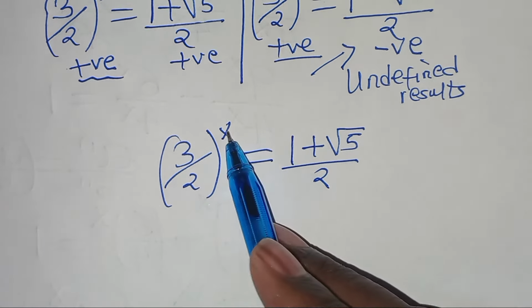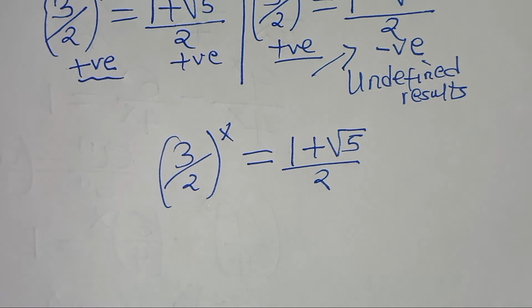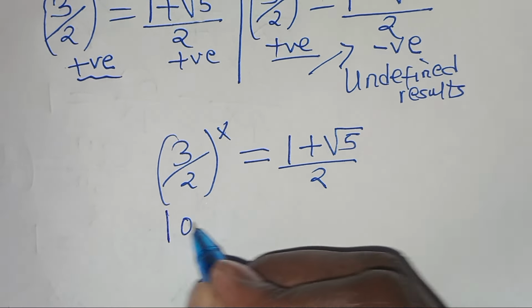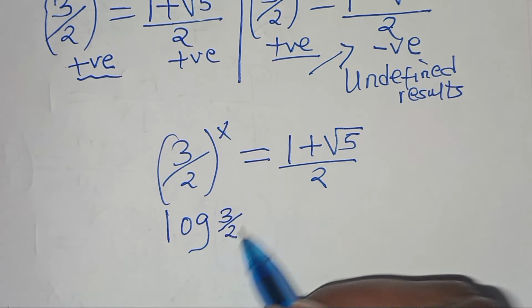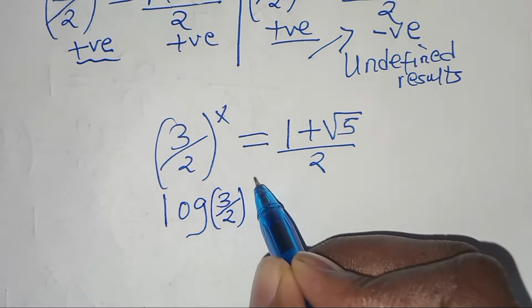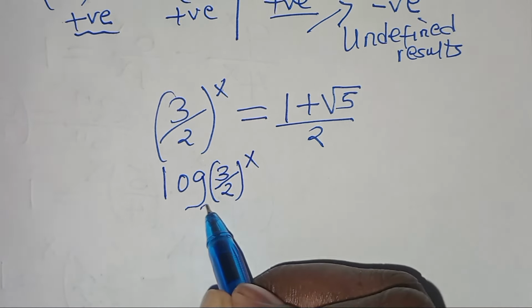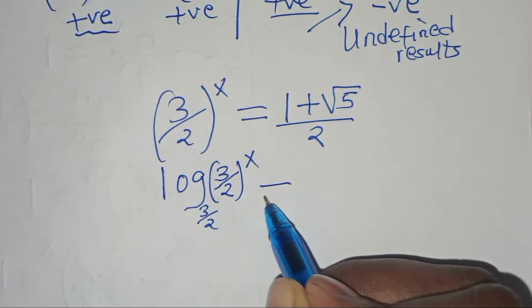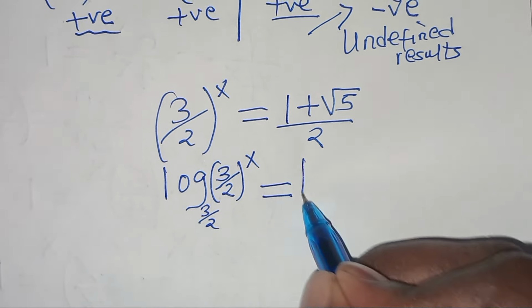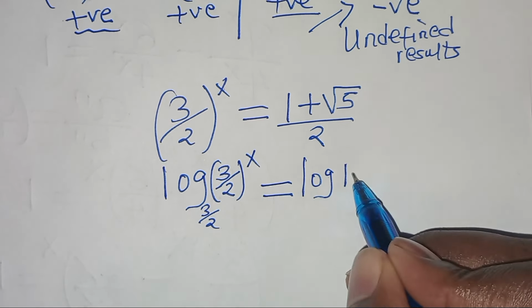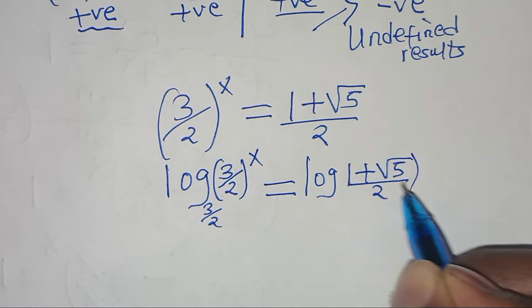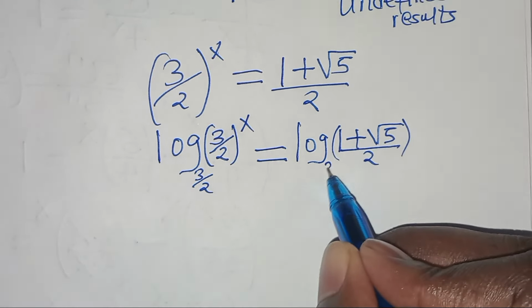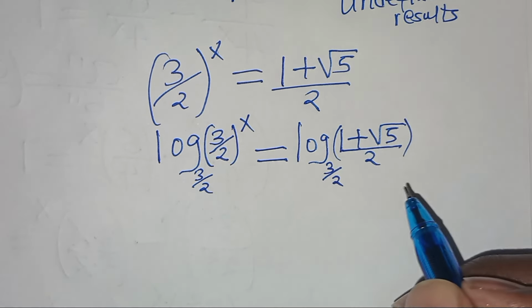To solve for x here, we are going to introduce logarithm on both sides, so that now we have log of 3 over 2 raised to the power of x to base 3 over 2. This is equal to, now here we have also log of 1 plus square root of 5 divided by 2, then to base 3 over 2.